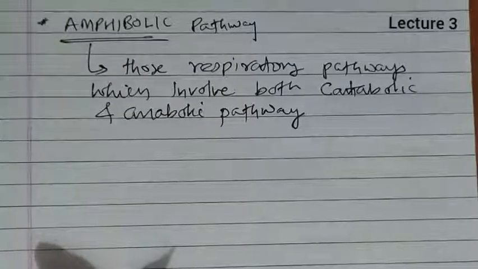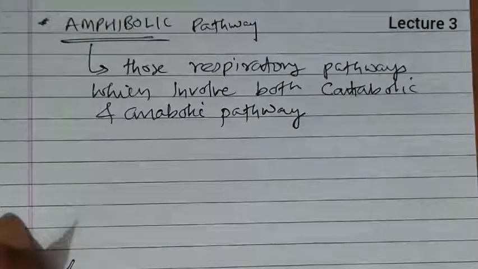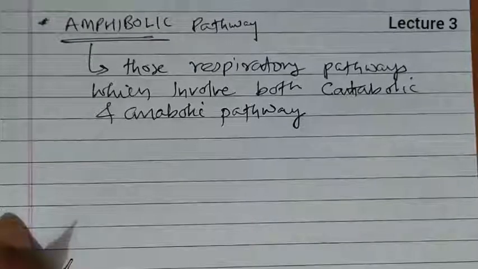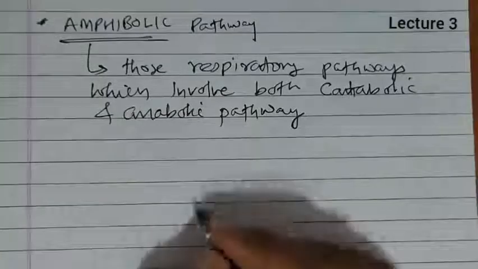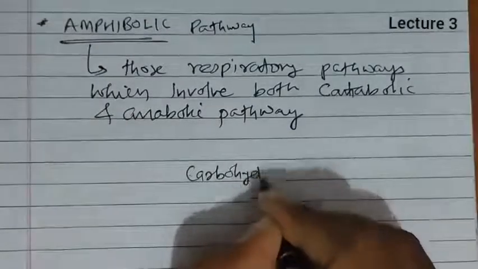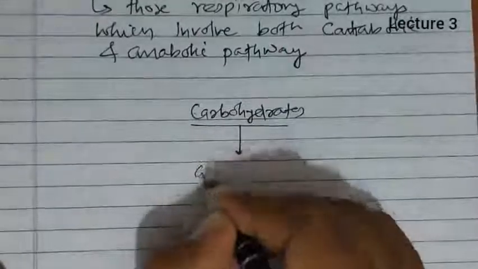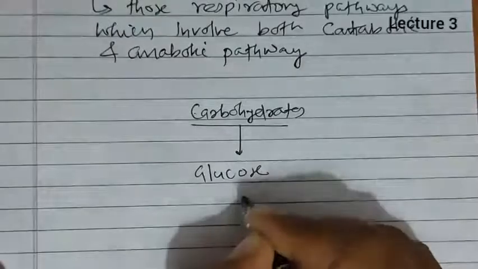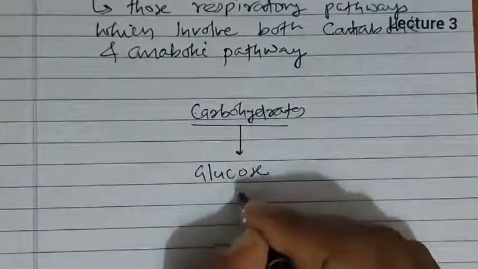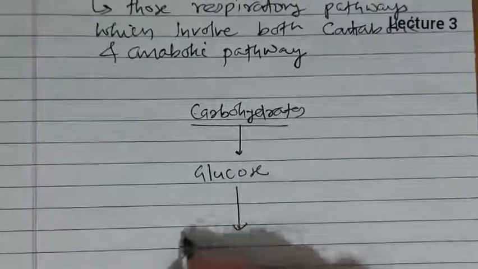Now if we see the pathway which we usually discuss in the breakdown of glucose, we know that initially we have carbohydrates, and these carbohydrates break up into glucose, and that glucose is converted into DHAP and PGAL.